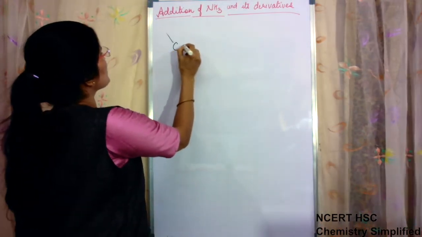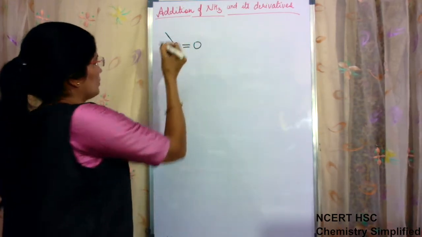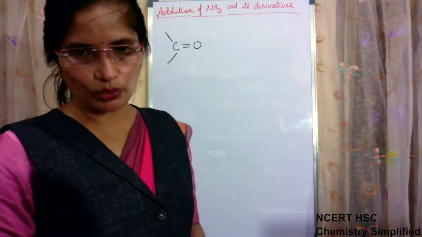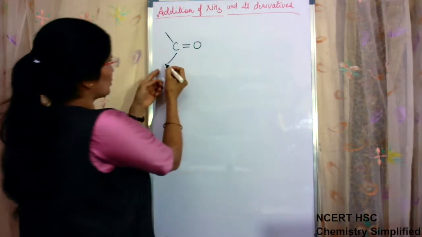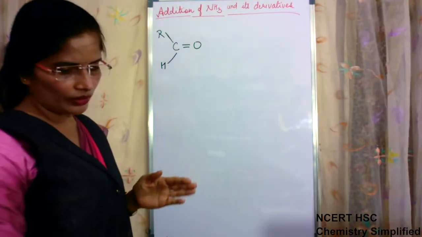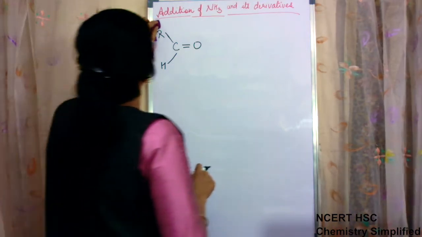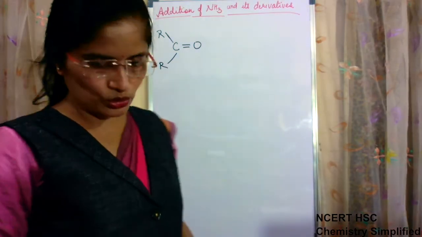See, we are making C double bond O. Now, because these reactions are given by aldehydes and ketones both, we are not writing R here, because if we write R and H, then it will be only for aldehyde, and if we write R and R, then it will be only for ketone.